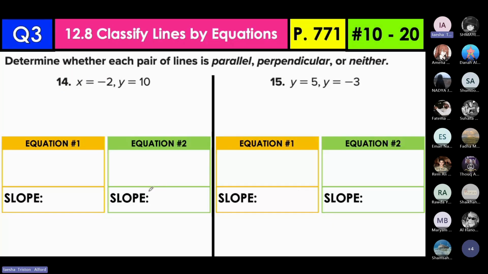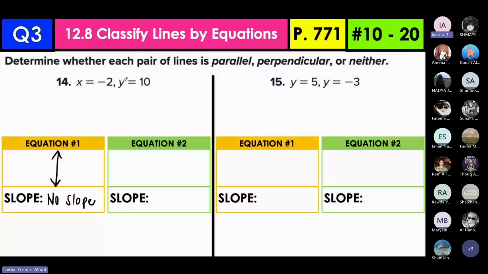Number 14, this is x equals negative 2. What should be the slope? No slope. What kind of line is no slope? Undefined. Vertical. So this line should be vertical.